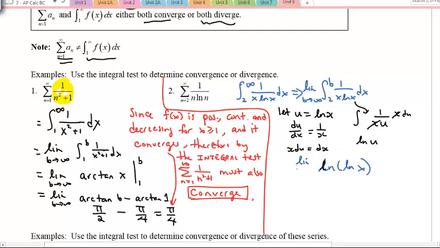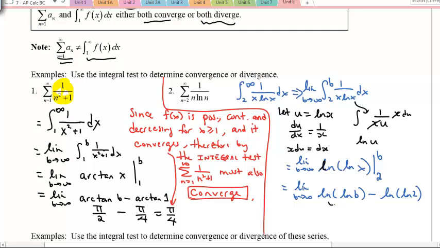We still have the limit as b approaches infinity, and you're going to evaluate this from 2 to b. So you get the limit as b approaches infinity of ln of ln b minus ln of ln 2. Ln b, when b approaches infinity, this just becomes infinity.